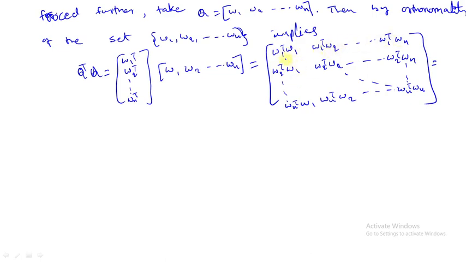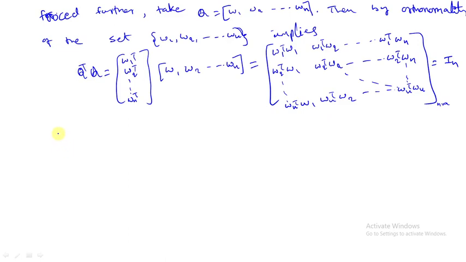Only the diagonal elements are 1, and the rest are 0. That means we get the matrix In. So Q transpose Q equals In. Similarly, Q Q transpose is also In. We will discuss that next. That means Q is an orthogonal matrix.